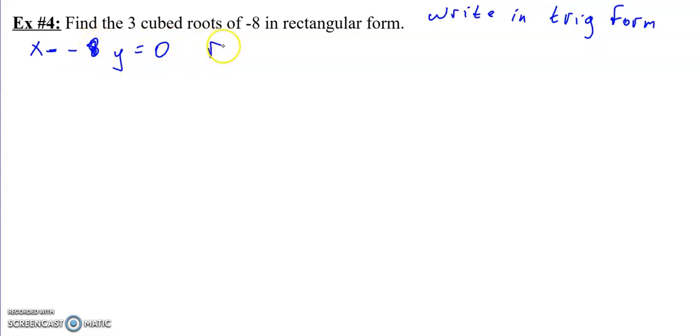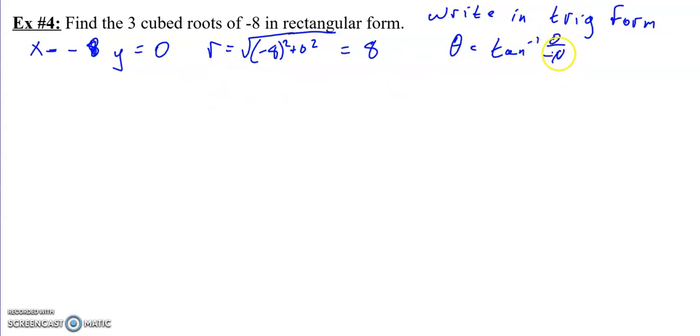So that's going to let us find r. r is going to be the square root of -8 squared plus 0 squared, which is a positive 8. And then we're going to find theta. Theta is the inverse tangent of y over x, and x is -8. Sorry, my writing's a bit sloppy.